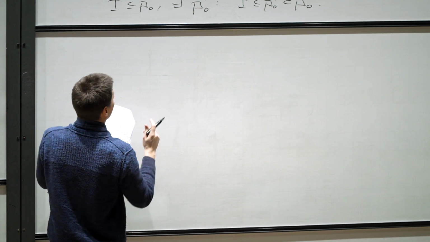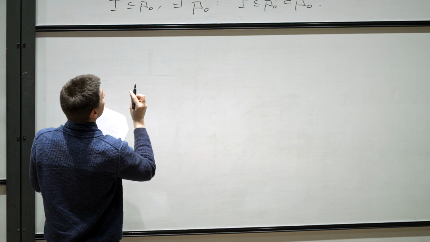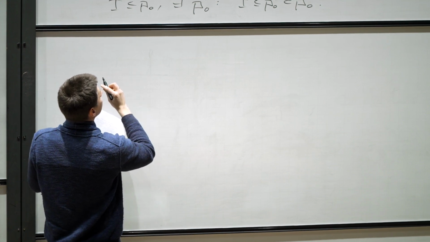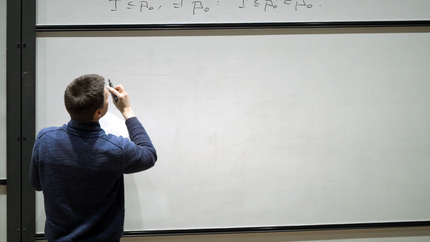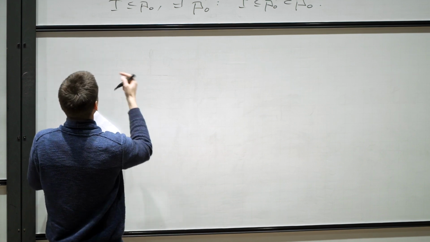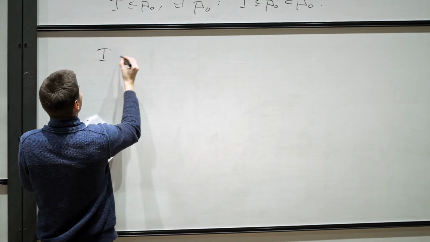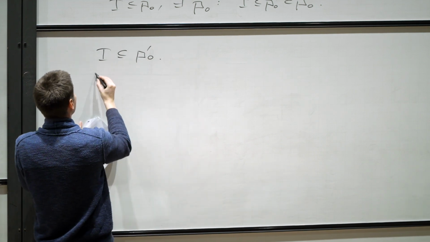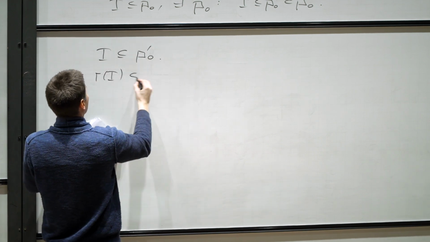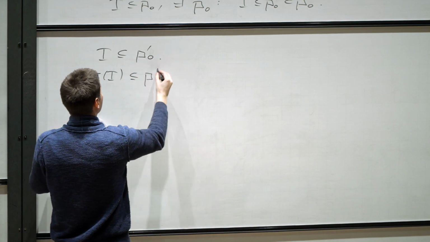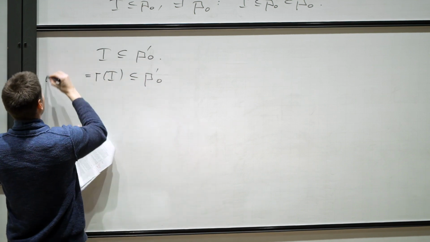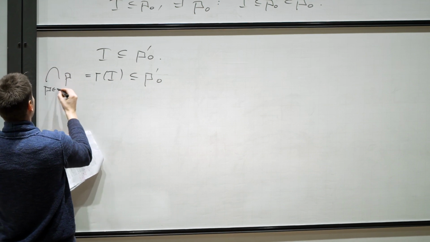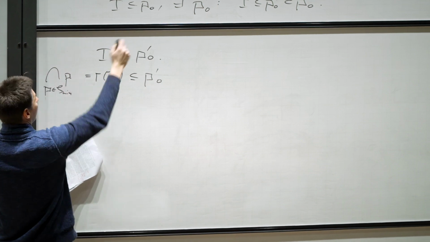Right, so now I want to claim that, so this is what we do. I is contained in here, so I can take radicals. The radical of a prime is the prime itself, but this is the intersection of the primes in S min by what we have above.